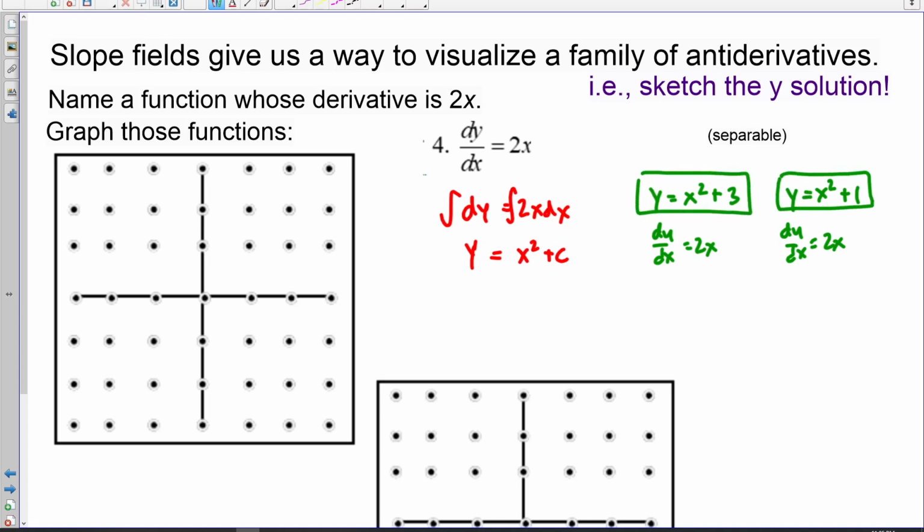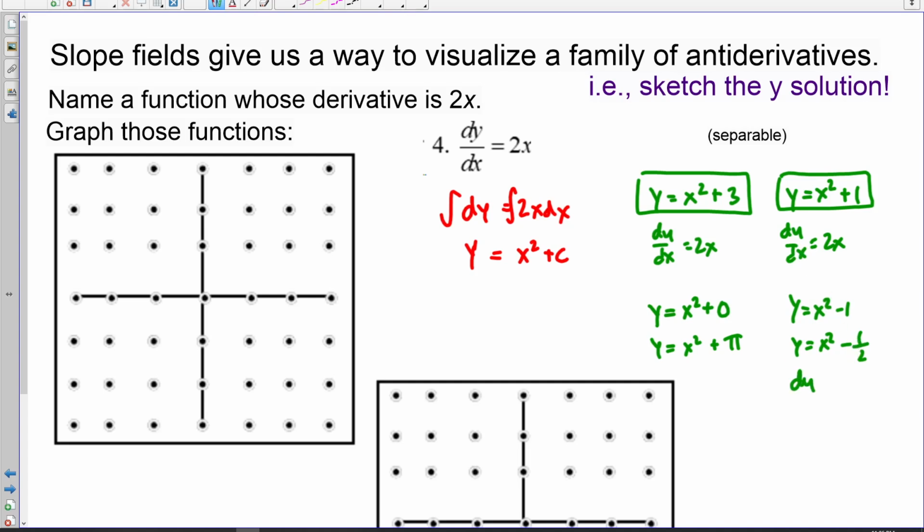So one answer to this differential equation is y equals x squared plus 3. Another answer is y equals x squared plus 2, x squared plus 1. Another answer is y equals x squared plus 0. Y equals x squared plus pi. Even y equals x squared minus 1, or y equals x squared minus 1/2. As long as this is a plus c, and c could be negative, that is an answer.